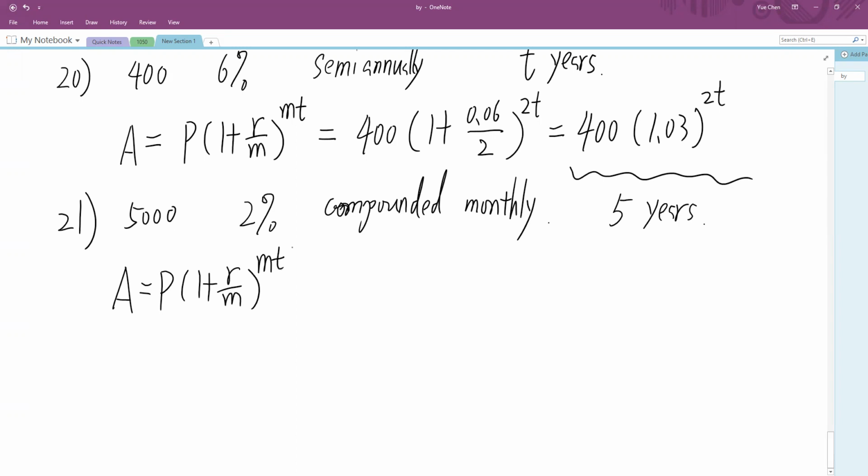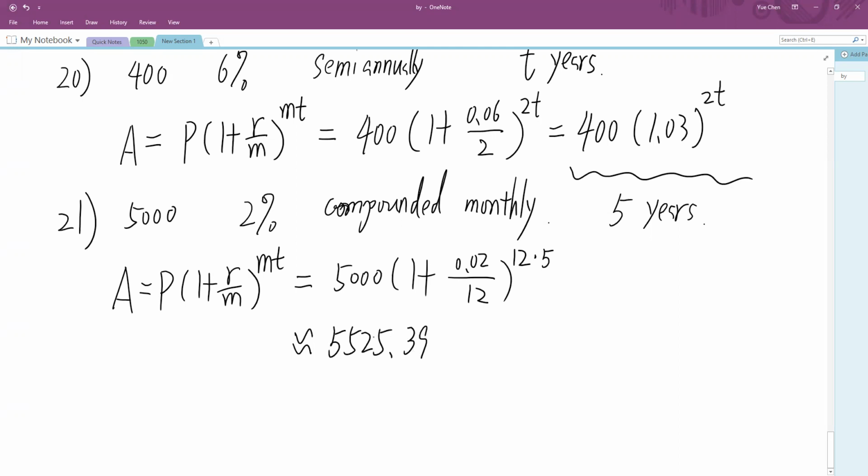Now our P is 5,000, 1 plus R is 0.02, 2% divided by 12, so the 12 times 5 years. When you input it in your calculator, don't forget the parentheses for the power. To save time, I just give you the answer, with 2 decimals: $5525.39.